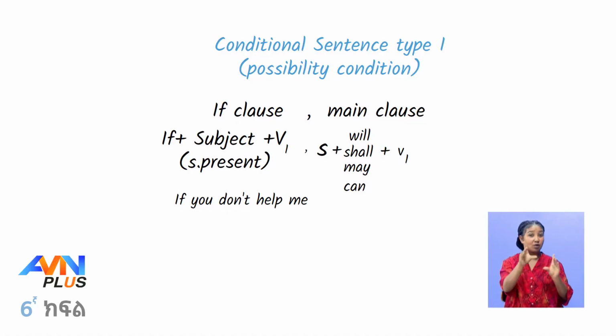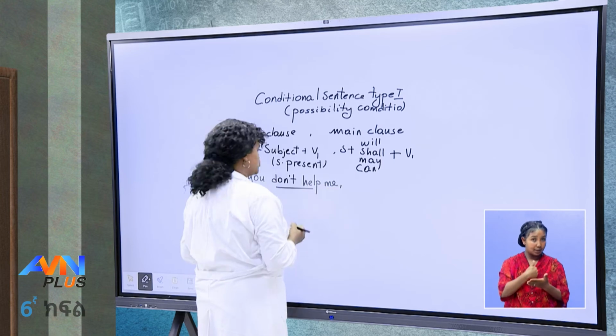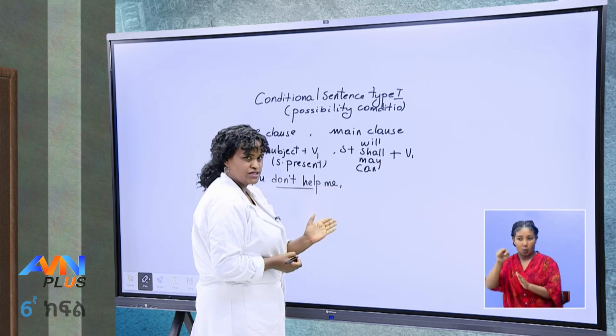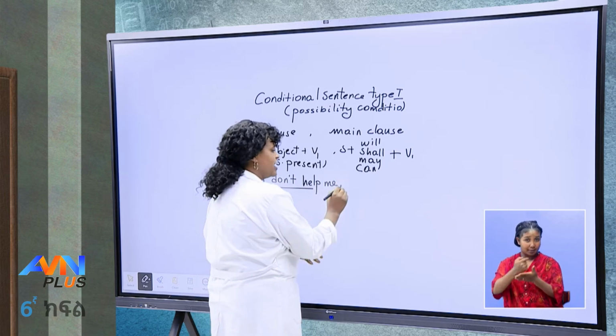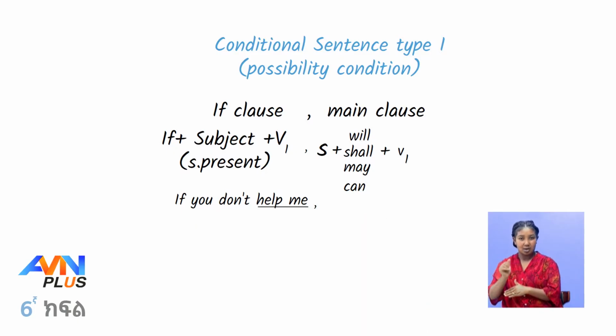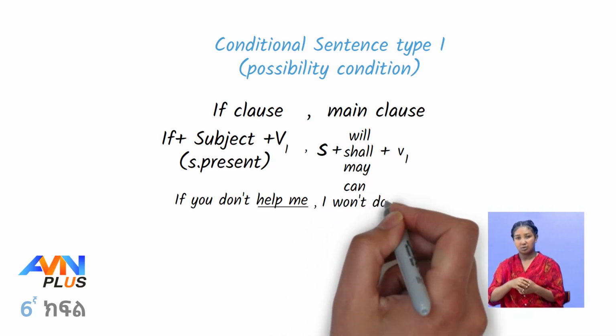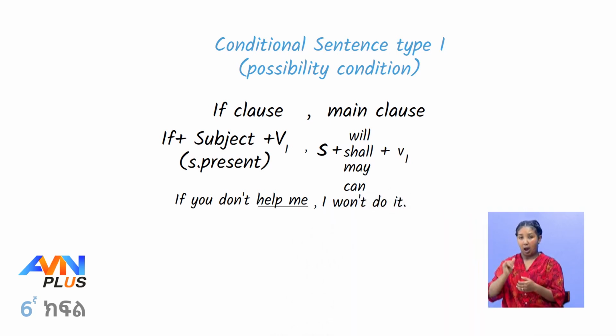If you don't help me, since we begin our sentence with the if clause, then we use a comma. If you don't help me, then I won't do it. I won't do it.